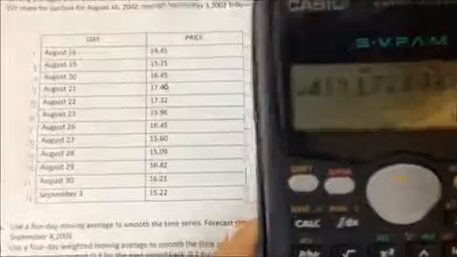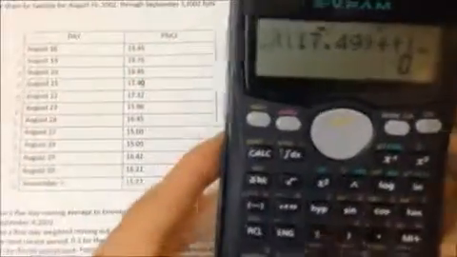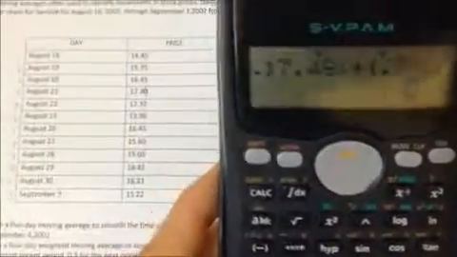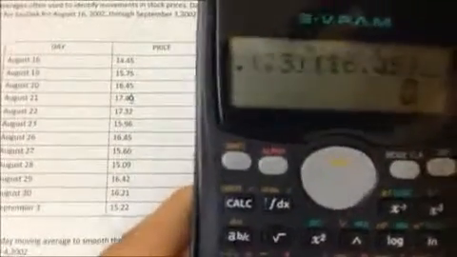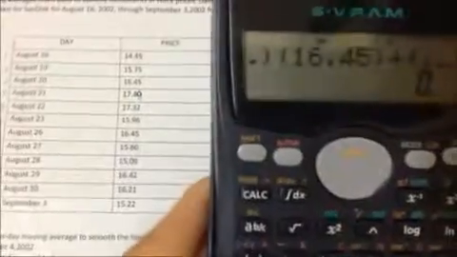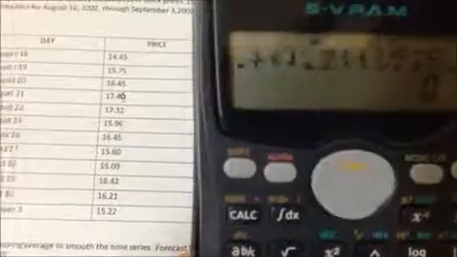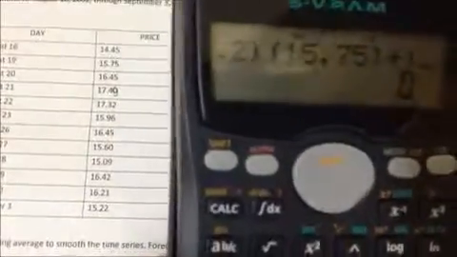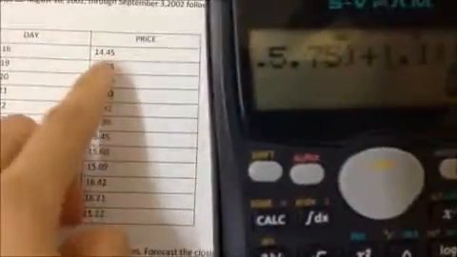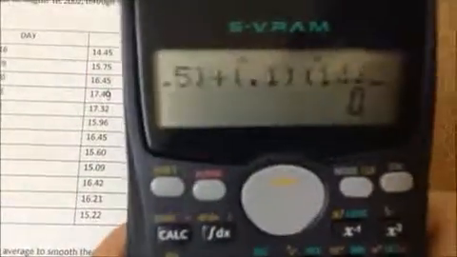So, it is like this. 0.4 times 17.49 plus 0.3 times 16.45 plus 0.2 times 15.75 plus 0.1 times 14.45.